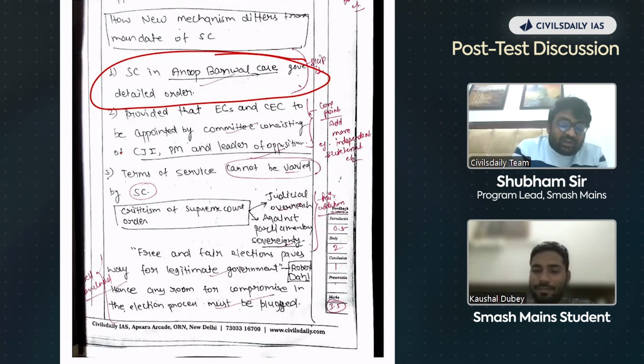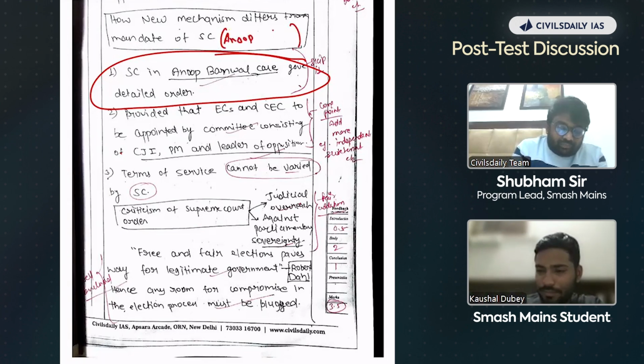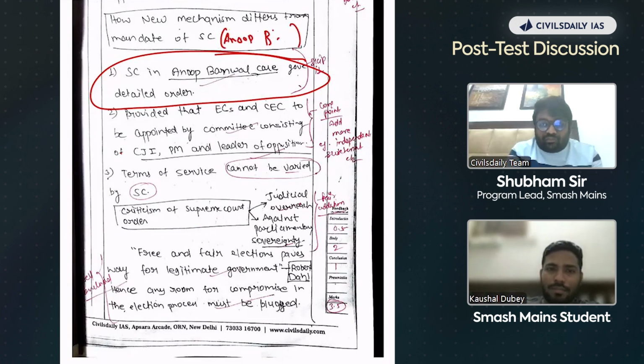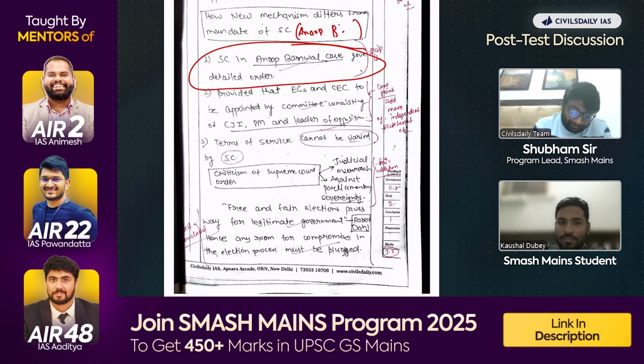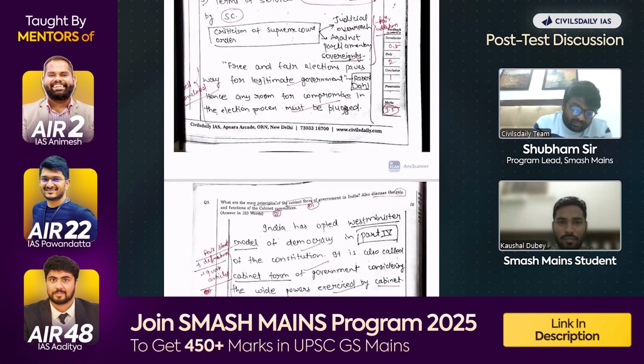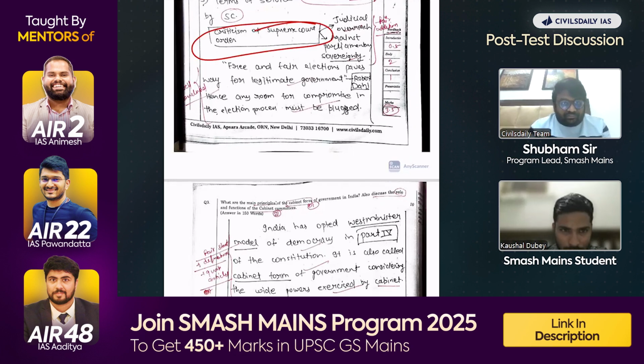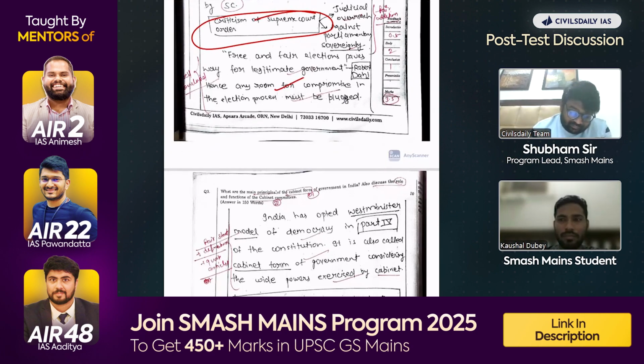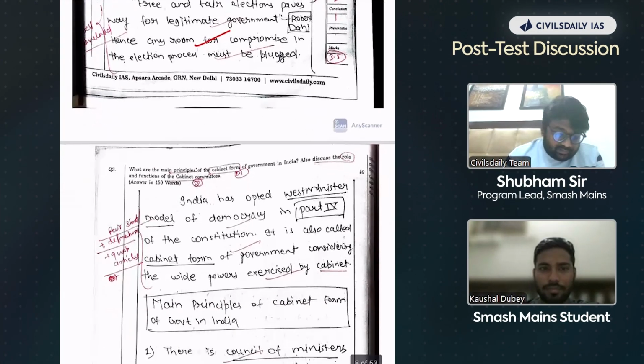If you want to mention it here, simply put it in brackets, you can mention Anup. Then criticism of Supreme Court: this is also not at all the demand. After that you simply conclude.